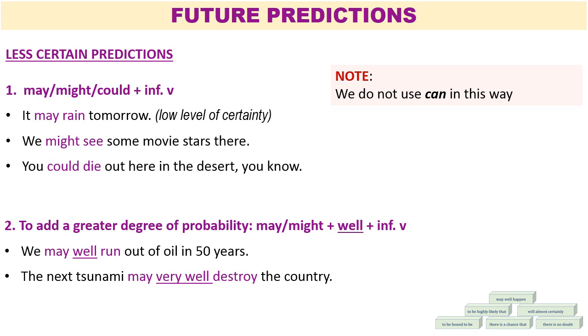For example, we may well run out of oil in 50 years. The next tsunami may very well destroy the country. So adding well or very well adds a little more to the probability of a prediction.